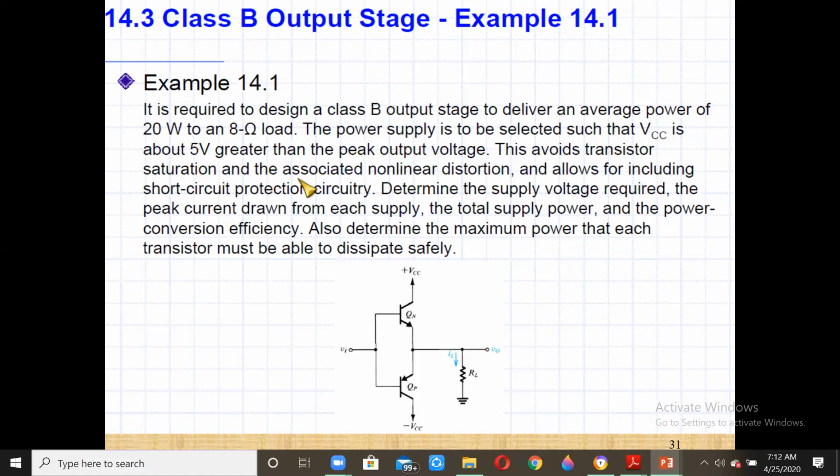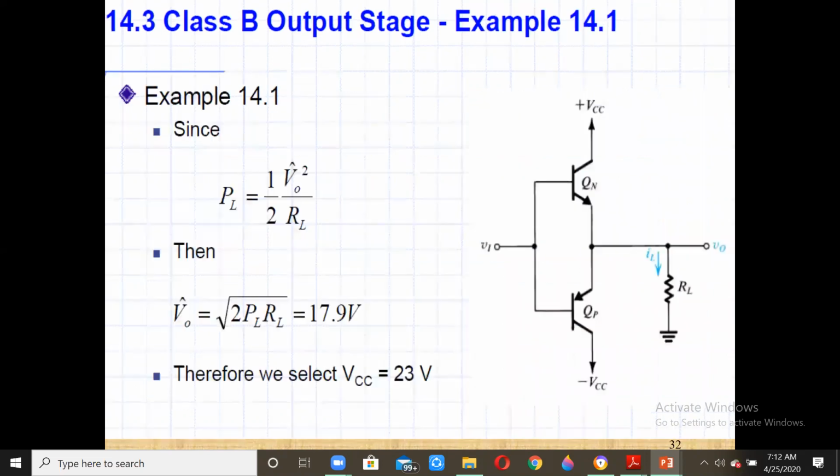This avoids transistor saturation and associated nonlinear distortion, and allows for including a short circuit protection circuit. Determine the supply voltage required, the peak current drawn from each supply, the total supply power, and the power conversion efficiency. Also, we need to determine the maximum power each transistor must be able to dissipate safely, that is PD max for each of the transistors.